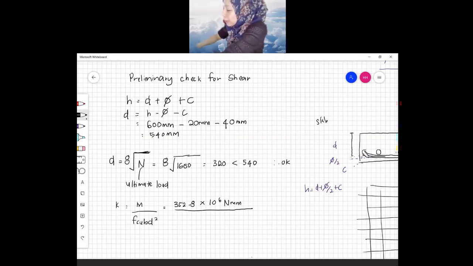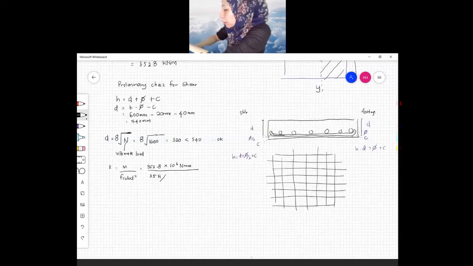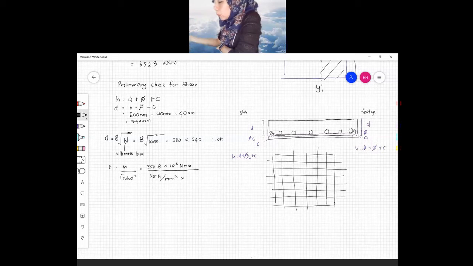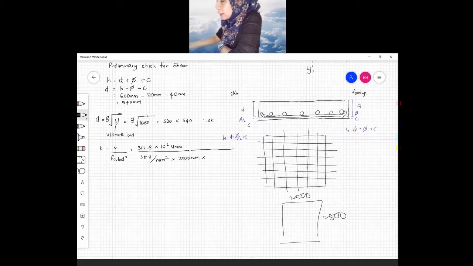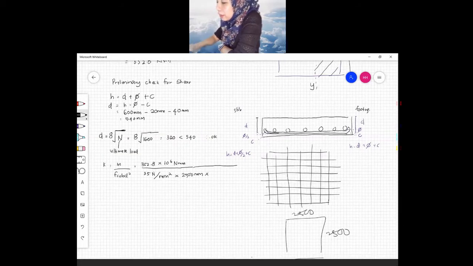So fcu is 35 Newton over mm square. And you akan darab dengan b. So b here macam slab. Sebab kita dah tahu dah size 2,500 dan 2,500. So it is actually 2.5 meter, so 2,500 mm. And d is, kita dah kira kat atas ni.